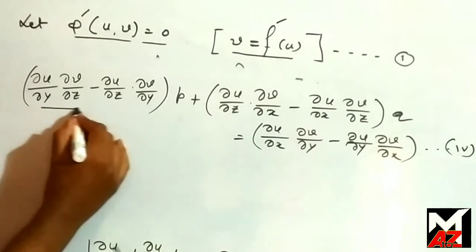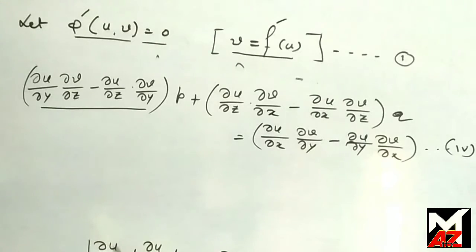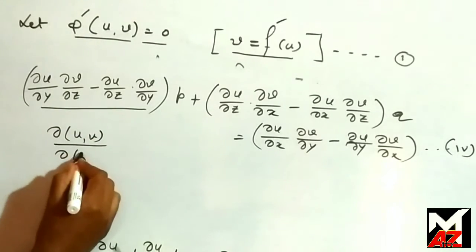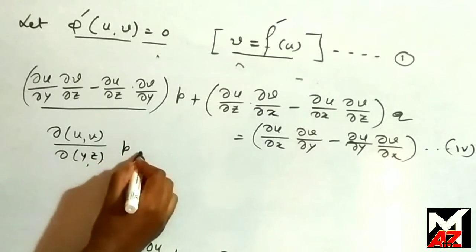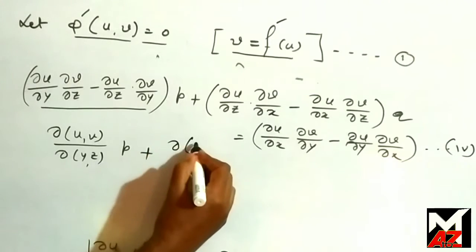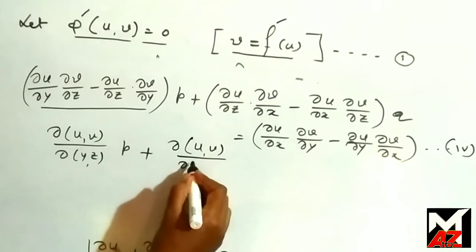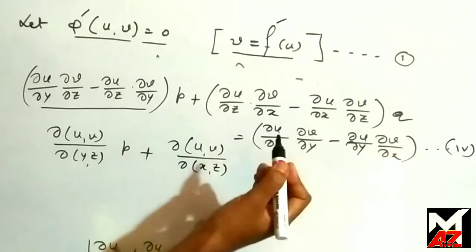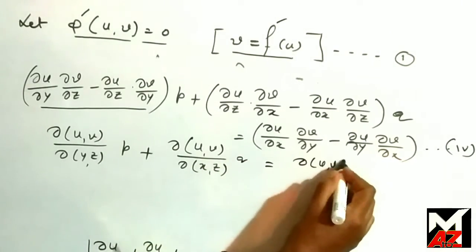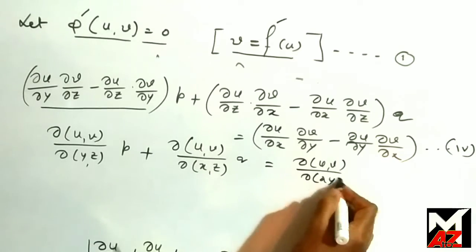And this expression can be written as del(u,v) by del(y,z) into p plus this expression del(u,v) by del(z,x) into q, equal to del(u,v) by del(x,y).